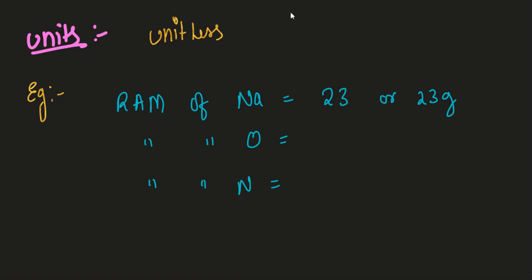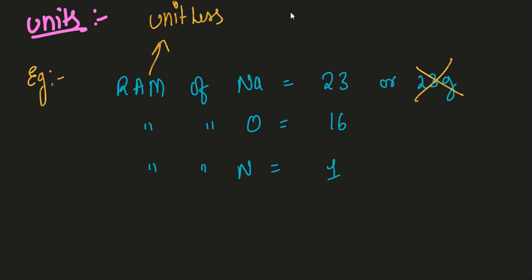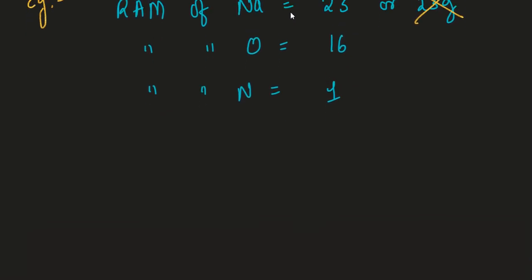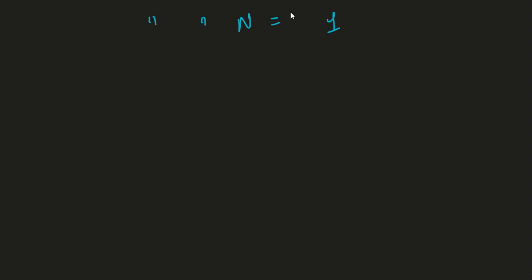The answer is 23, not 23 grams. The reason is relative atomic mass is unitless. So whenever I ask you the relative atomic mass of sodium, you just answer 23. Oxygen is how much? 16. Nitrogen is how much? 1. I hope you understood the first term, relative atomic mass, right?